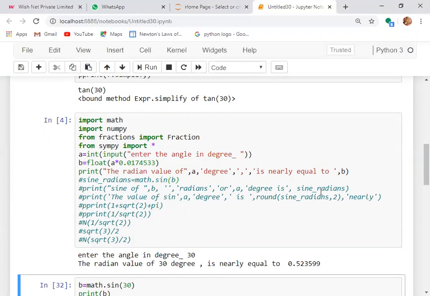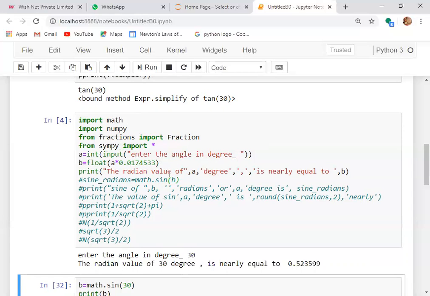So now you understand how to convert degree to radian with these simple two or three lines of code, because for that you don't need to import numpy or fraction. Those are for the later code of this Python script. You just import math, because all the angles are inside the math module. So that's why we are importing math only, and then we put any angle in degrees, and it will convert it into radian.